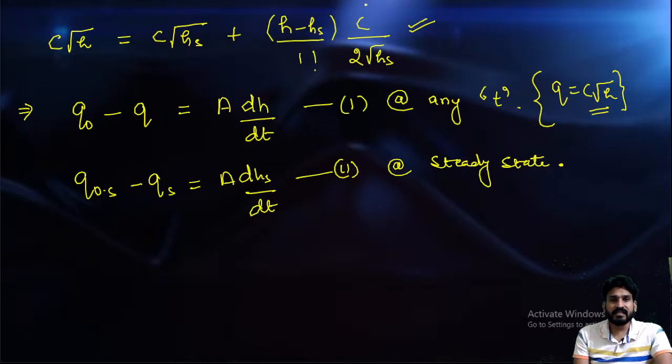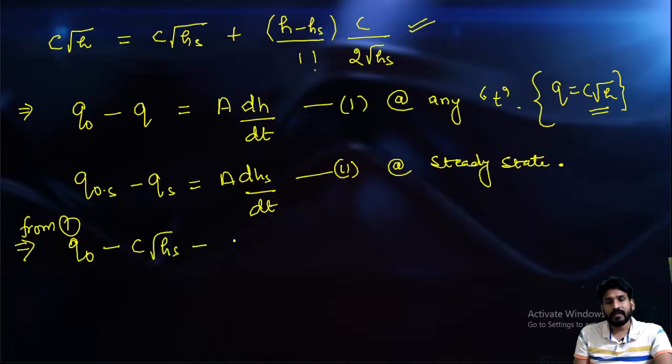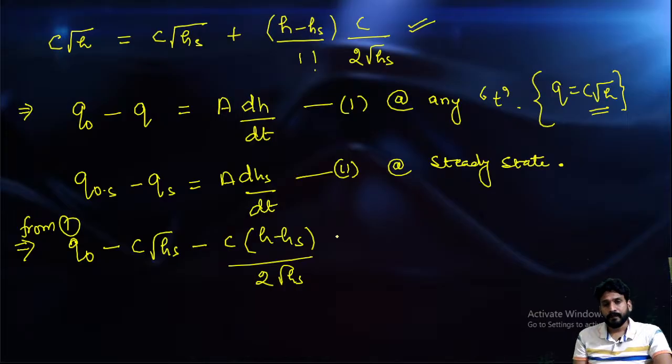Put this value in place of Q. So from equation number 1, I can write Q naught minus c square root of HS minus c times H minus HS divided by 2 square root of HS, which is the whole value of Q, is equal to A dH divided by dt. This is my equation number 3, let's suppose.